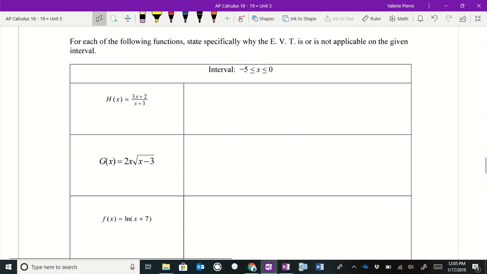Okay, so for each of the following functions, we're going to state specifically why the extreme value theorem is or is not applicable on the given interval. So our interval is from -5 to 0. So h of x, just remembering that EVT is only applicable if the function is continuous on the interval.